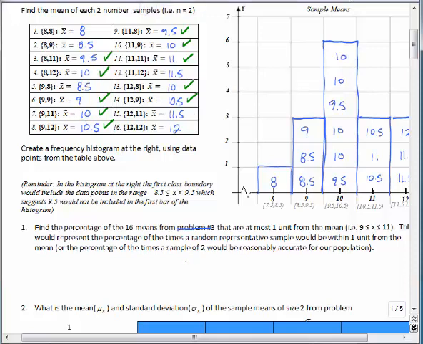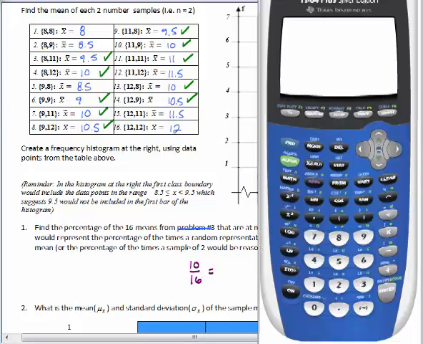So in this example, it was 10 out of 16. That represents the number of times that if you randomly made a sample of size 2, you get a good representative sample that told you the correct answer, or really close to the correct answer for the population mean. To find a percentage, just write 10 divided by 16.